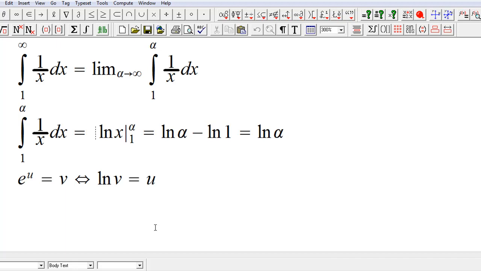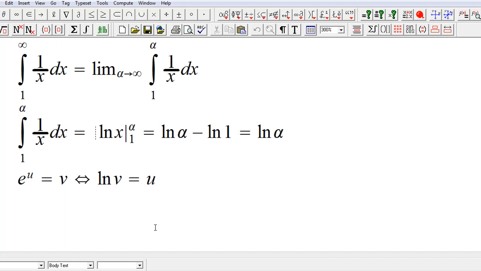Exponential and natural log are inverse functions of each other. So if the exponential with an input of u gives you an output of v, then natural log with an input of v will give you output u. Are we happy here?